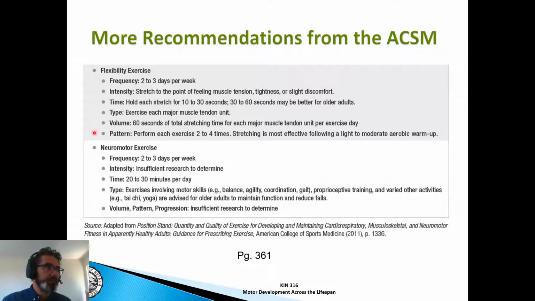There's also a lot of interesting flexibility exercise versus neuromotor exercise. If you haven't really heard this term before, this is something that's still relatively new. So this is exercise involving motor skills. So not so much trying to train muscles to improve the metabolic capacity or the functional capacity, as far as the cross-sectional area of a muscle or the muscle quality of a muscle.